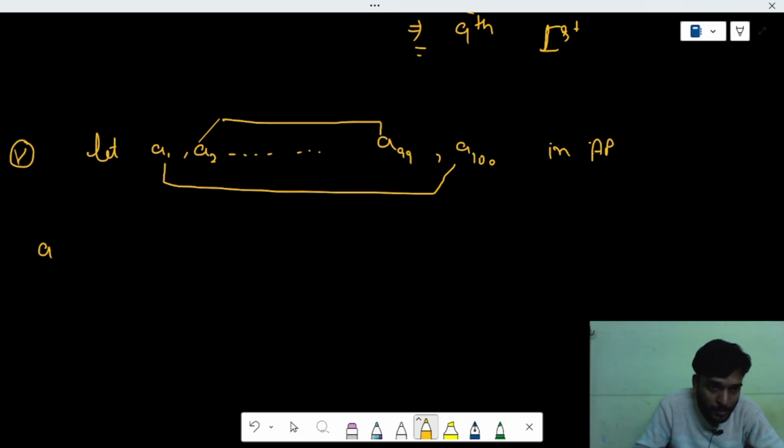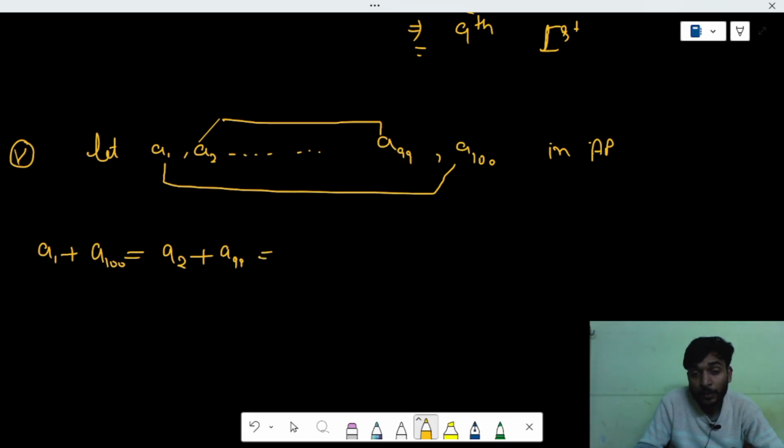The sum of the first term A1 plus A100 is equal to the sum of the second term plus the second last term A99, which is equal to the sum of the third term and third last term, and similarly they are all equal.